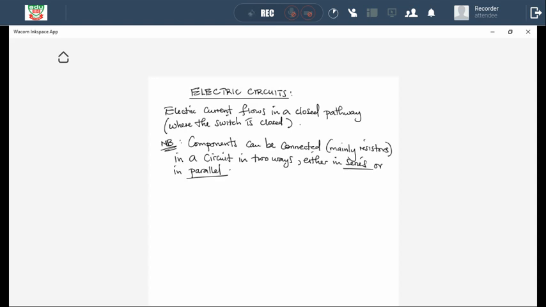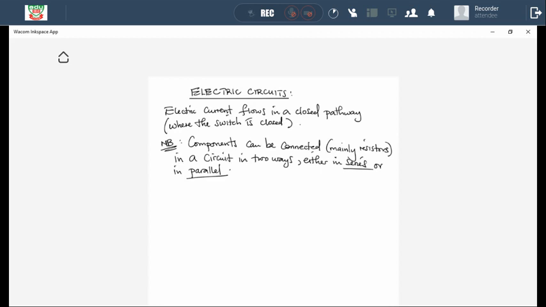We have got what we call a series circuit, and we have got what we call a parallel circuit. Right. Now, the next thing I want us to look at quickly, I'm not going to go deeper into all the components, but I want to highlight the major components that we are going to deal with, and obviously also explain their function and also how these components are connected in a circuit.